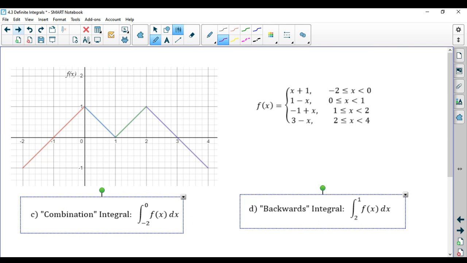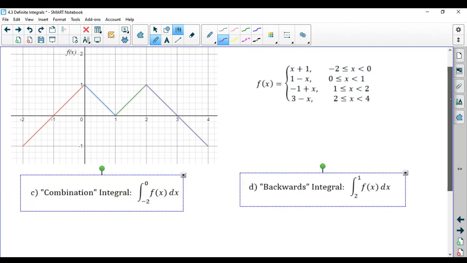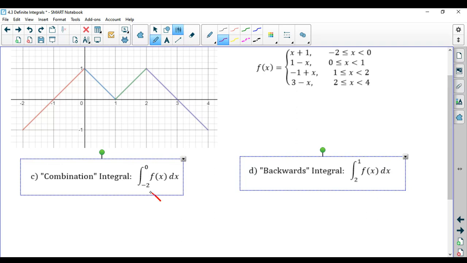The next question is a combination integral, meaning the graph is going to be both above and below the x-axis between these two limits. So we're going from -2 to 0 here. So we start at -2, we end at 0.